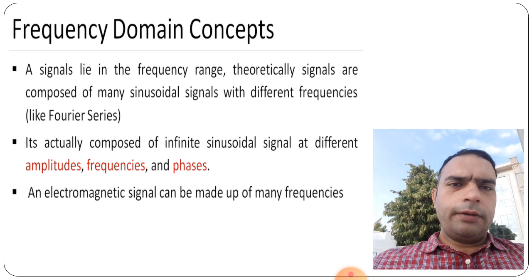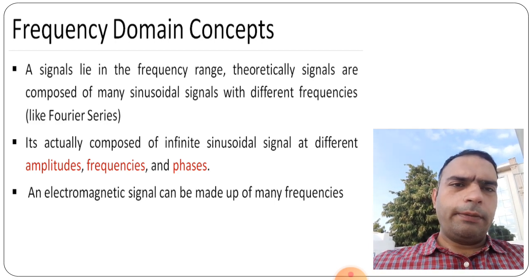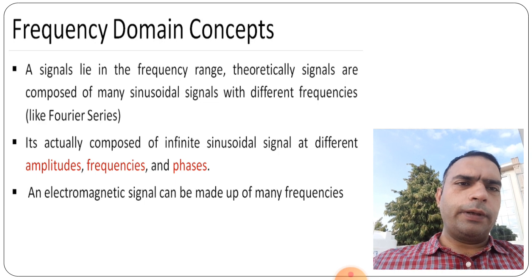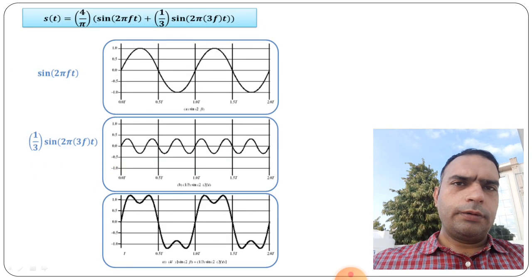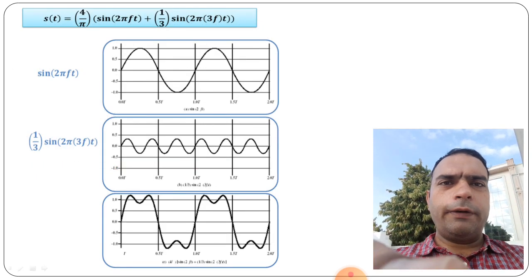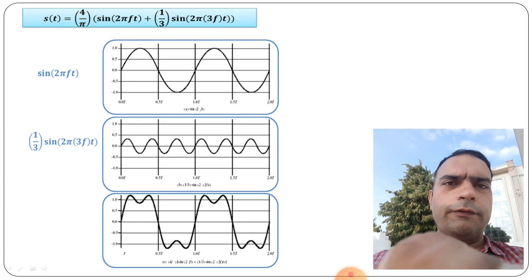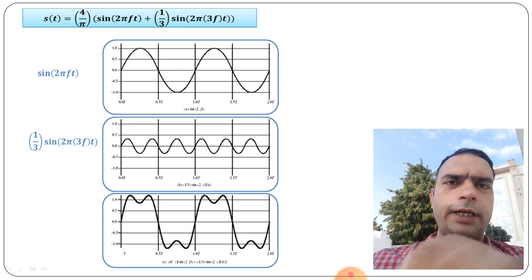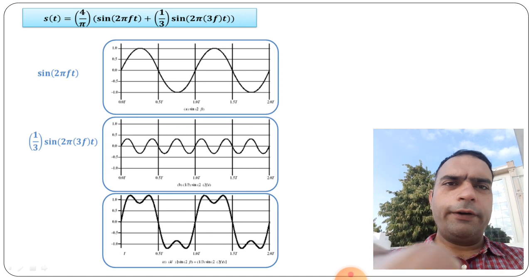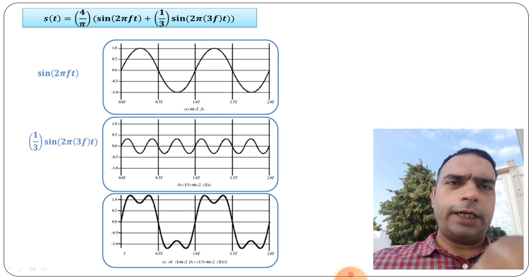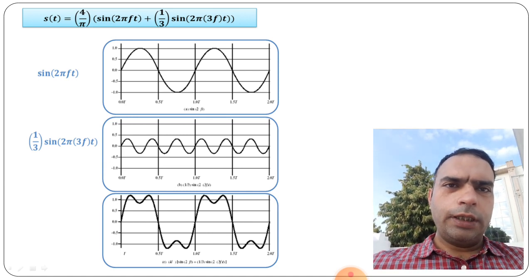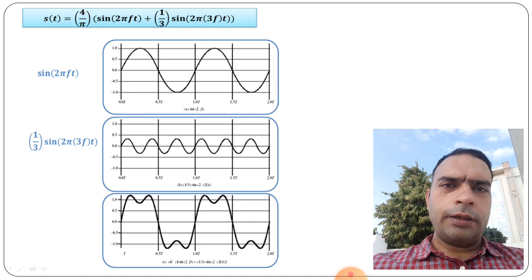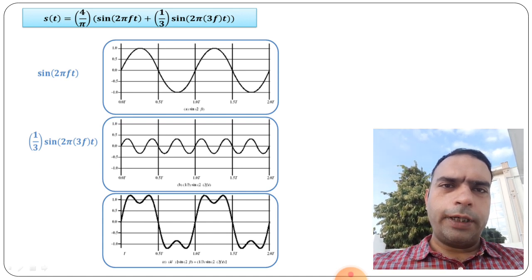Now an electromagnetic signal can be made up of many frequencies. So here is an example with many frequencies. The first frequency is given as sine 2 pi ft, and the waveform for that is shown.